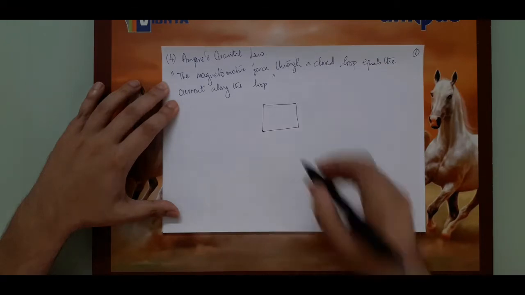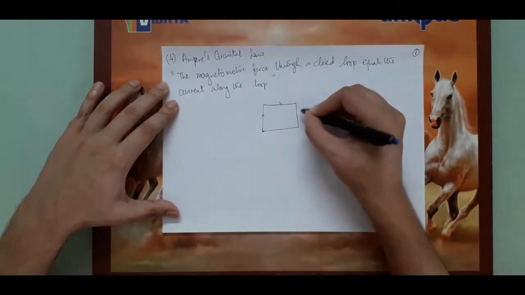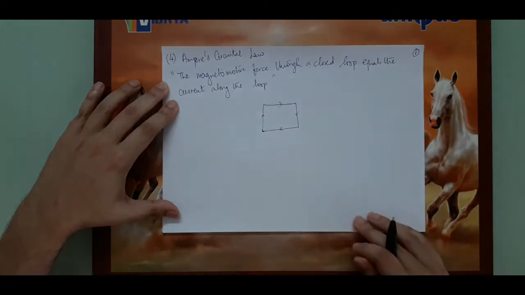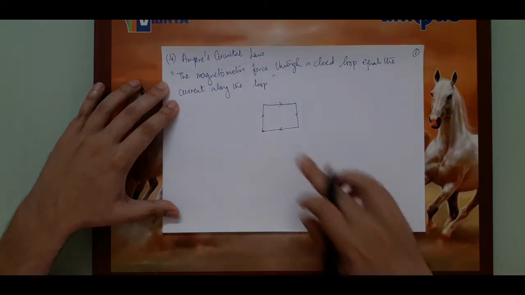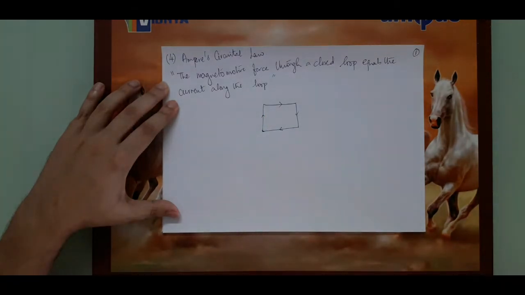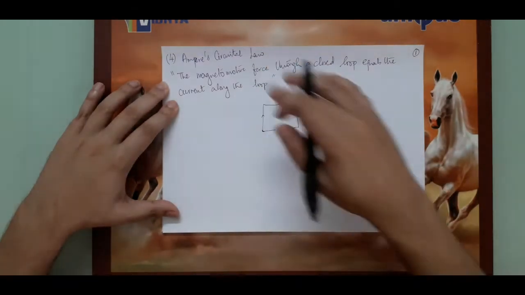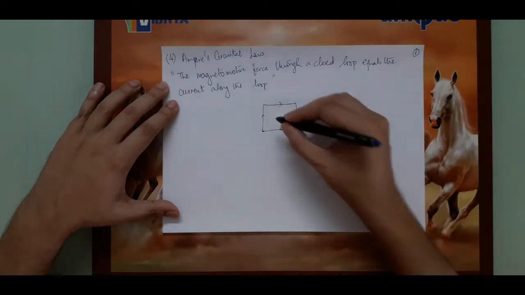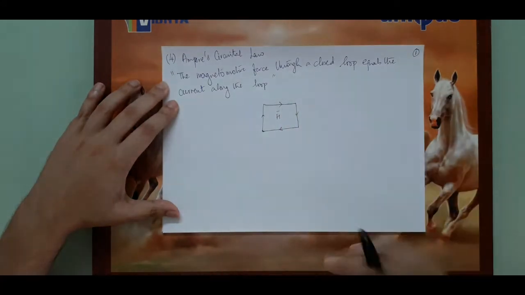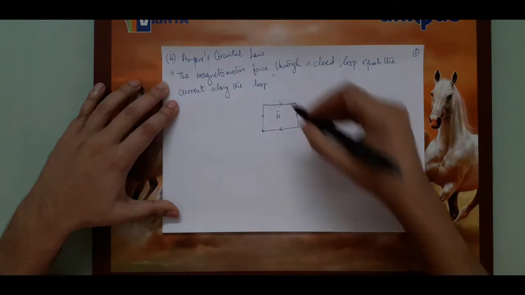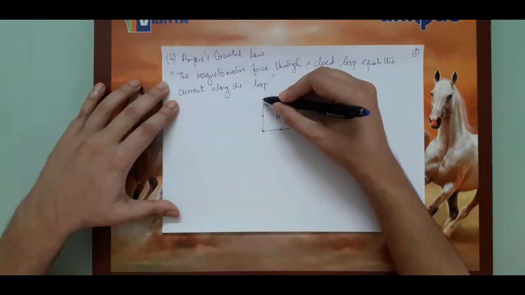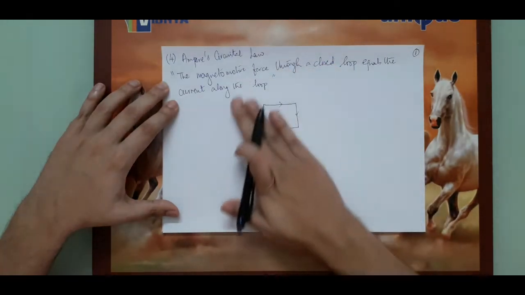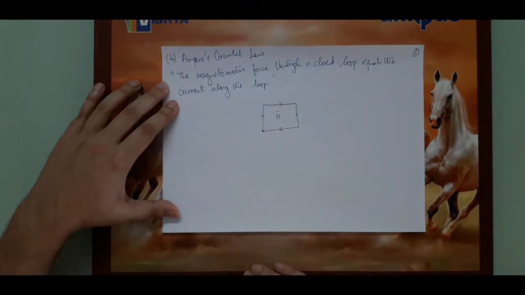So let us say that there is some current which is flowing. Then because of this current, there will be some magnetic field which is generated. Some magnetic field, let's say H, will be generated, and let us say it will have some nature when it's passing through the area that is enclosed by this closed loop.